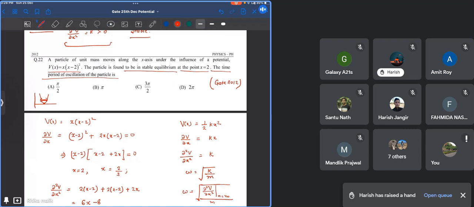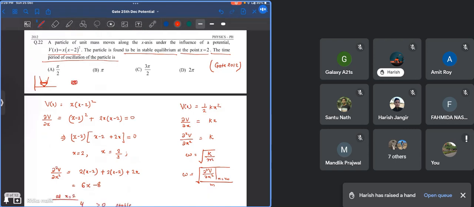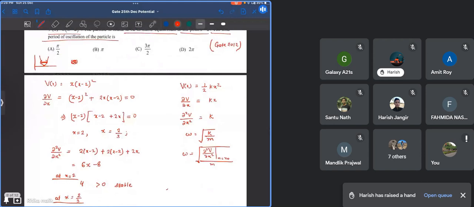So there will be a time period of oscillation. So if you know that for the case of a spring, whenever your potential is given by V of x equals half k x square, you just calculate the force, which is given by del V by del x, kx, and del 2V by del x square will give you k.